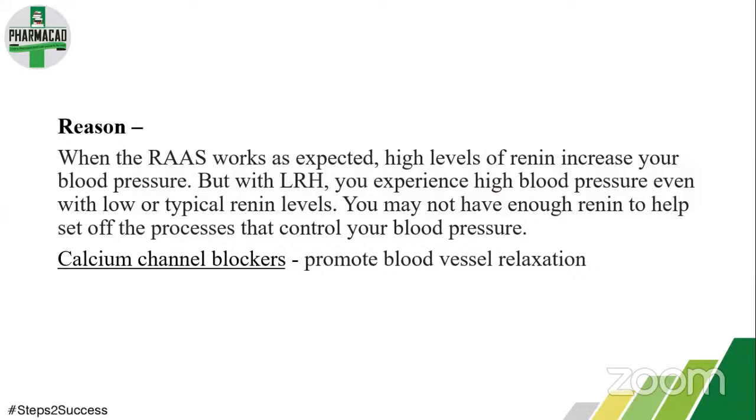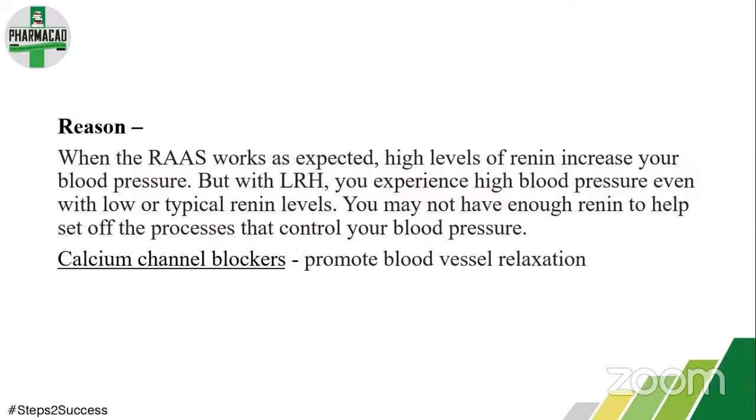So when the RAS works as expected, high levels of renin increase your blood pressure. But with low renin hypertension, you experience high blood pressure even with low or typical renin levels. In this condition, you may not even have enough renin to help set off the process that controls your blood pressure. So, hence, renin is a very important factor in controlling your blood pressure.